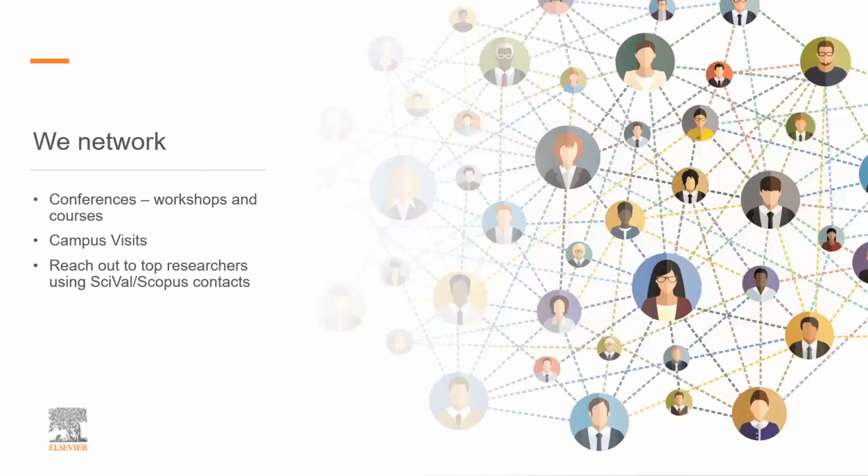Next slide, please. Another key aspect that we do is we network, and we go to conferences, and we often meet up with people who are running workshops as a good indicator of an important new research area. And we also contact people who are giving courses, which is a good indicator that if there's a course, there could well be a good topic for a book.